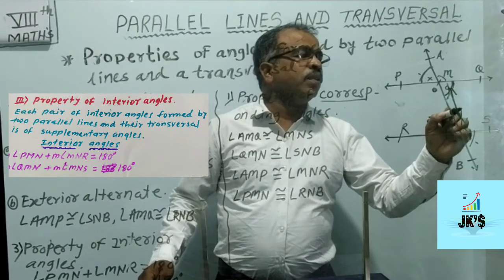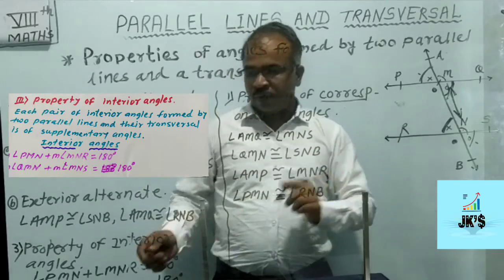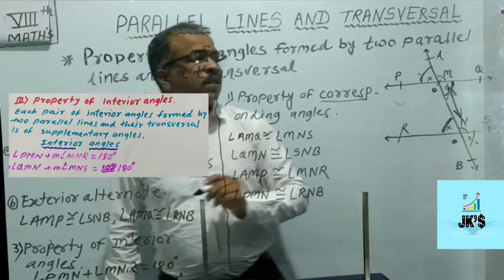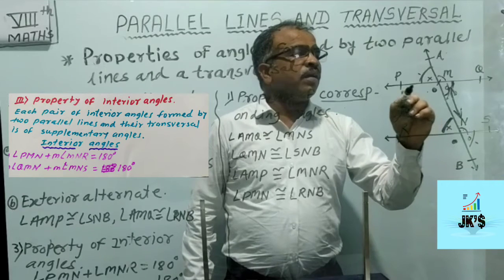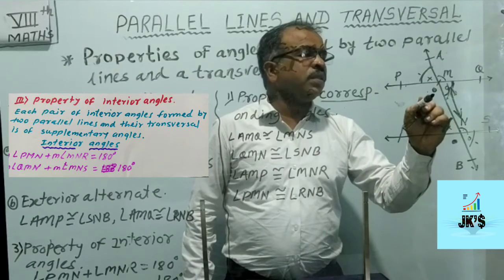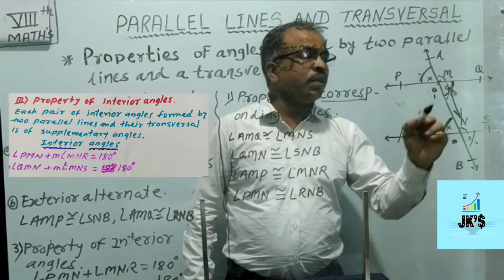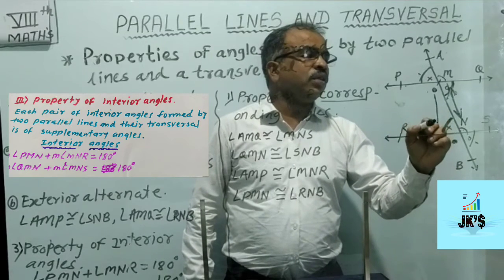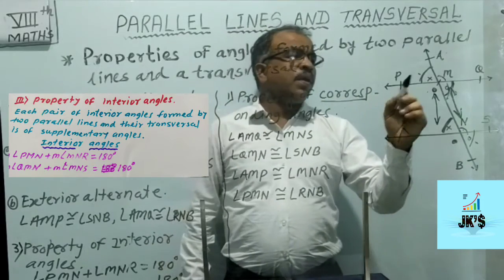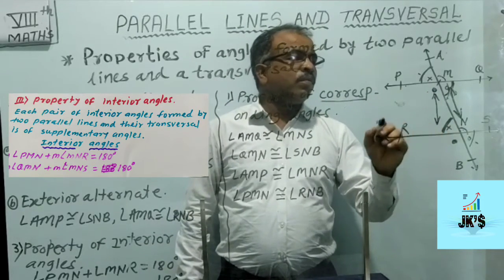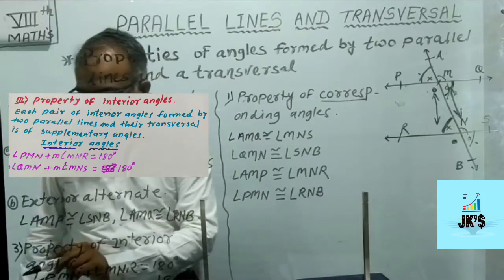The sum of these two angles is 180, so they are supplementary. Now the second pair, PMN. Angle PMN and MNR. These two angles are supplementary, so PMN plus MNR equals 180 degrees.